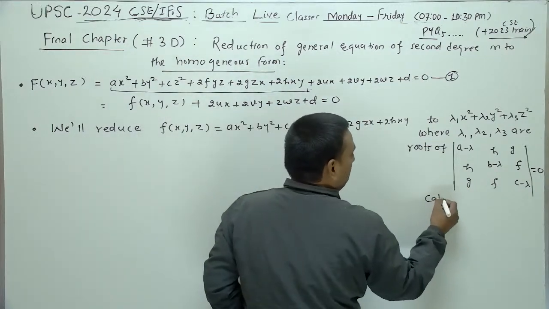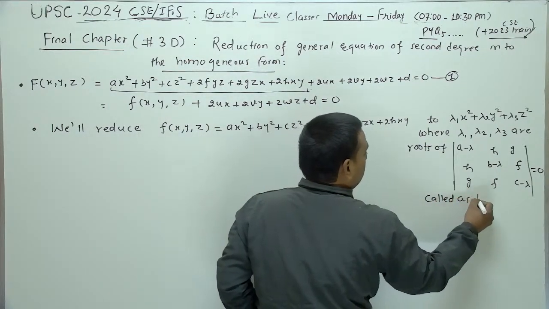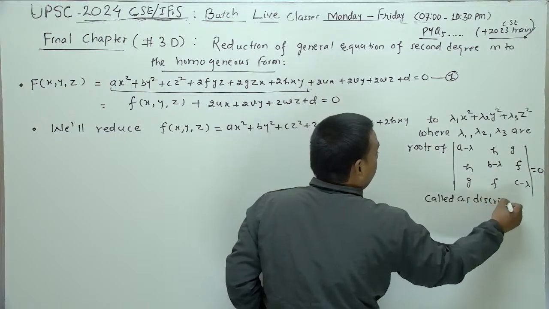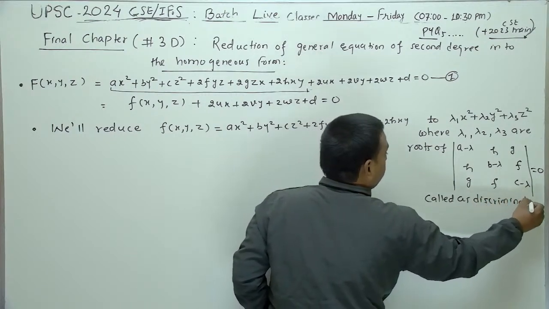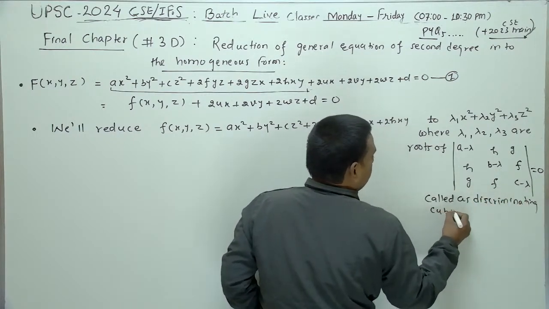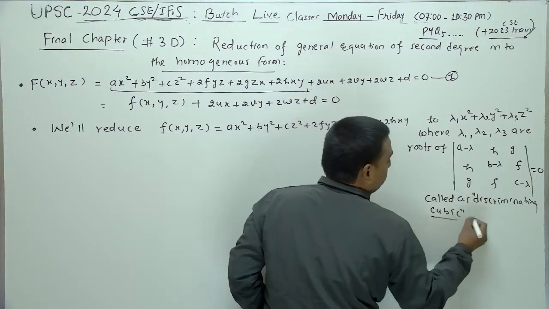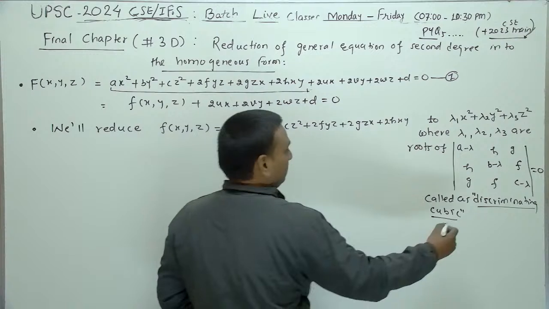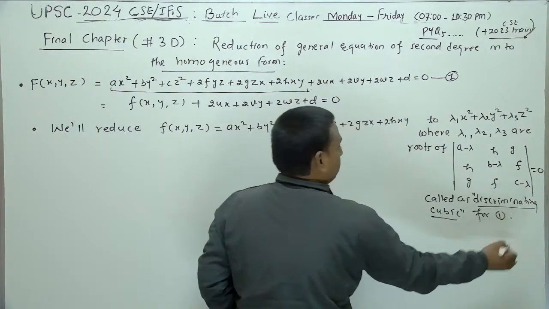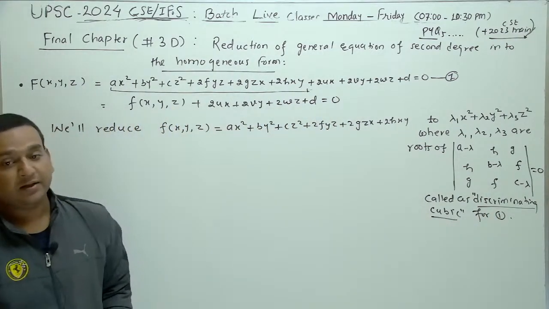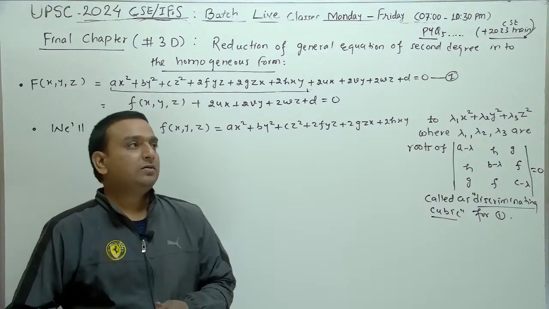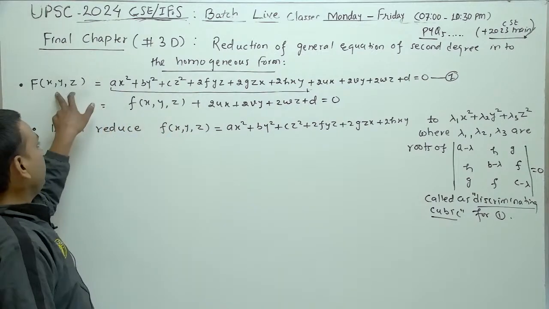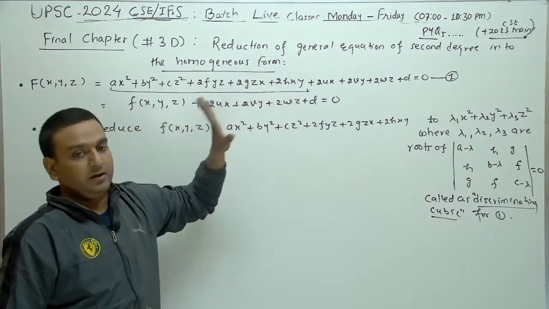This is called the discriminating cubic. What will you call it? This is called the discriminating cubic for the one. Okay? So what you have been given is an equation in form 1.